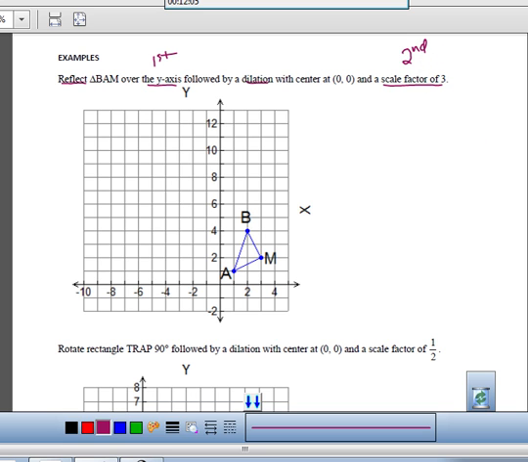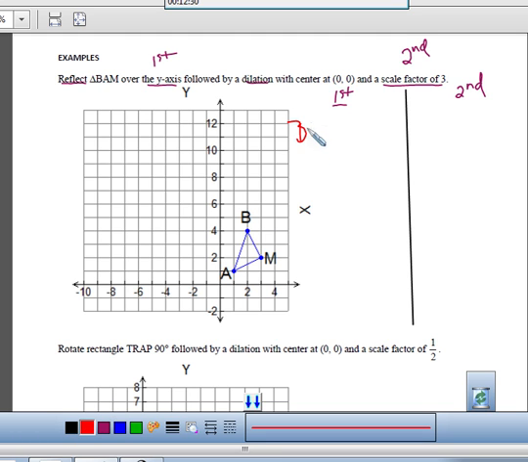Alright, so divide the workspace in half. First we're going to identify, alright, so we've got first task, second task. So we're doing reflection first. Now, I know the rule, but I want to make sure you know it.